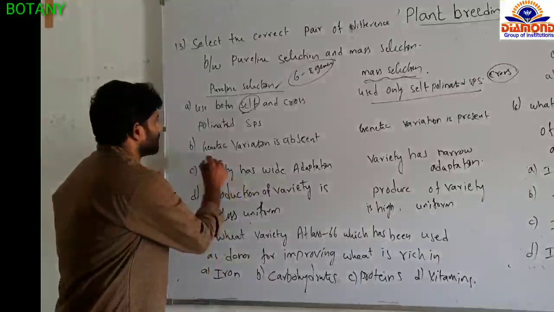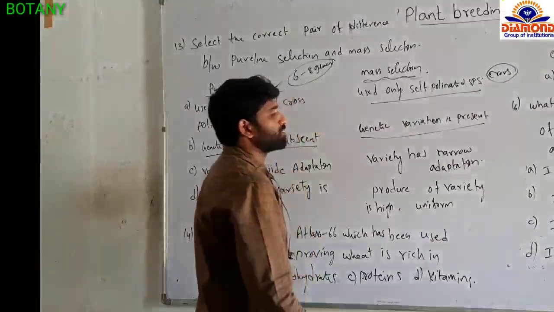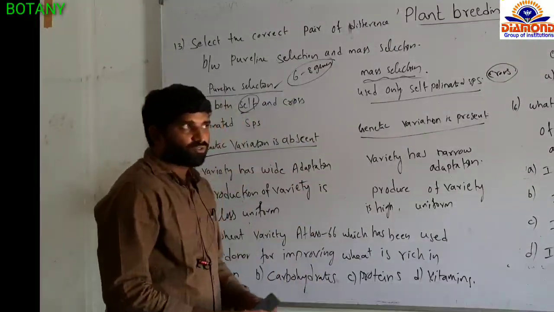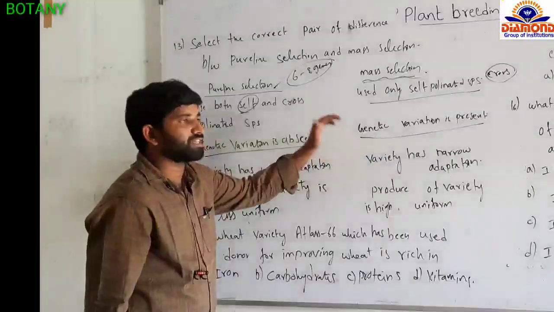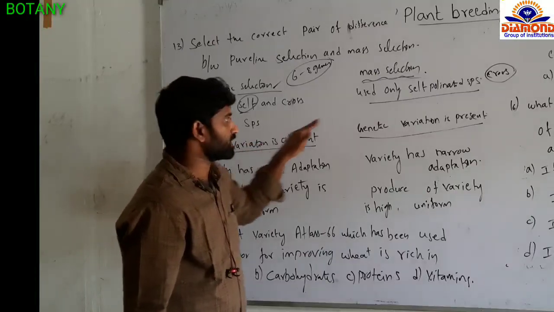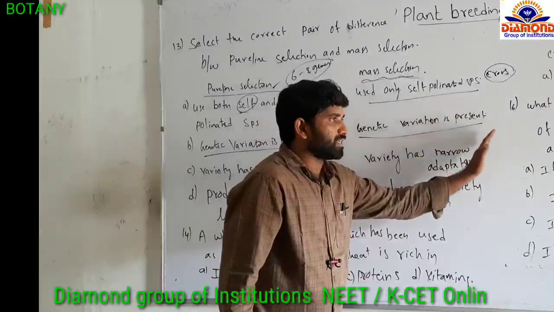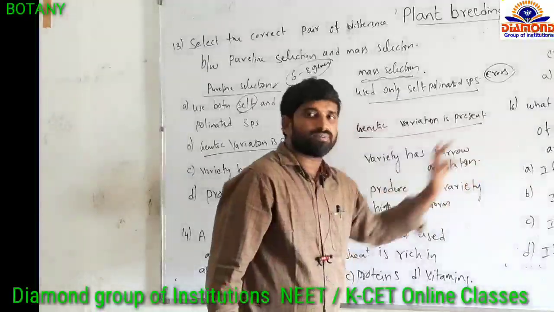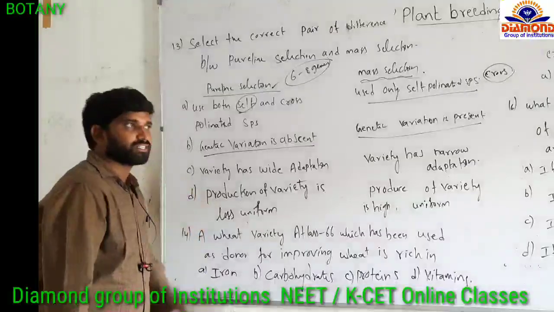Here the genetic variations are present in mass selection, because cross-pollination takes place, but in pure line selection only self-pollination takes place, so the offspring will not get new variations.